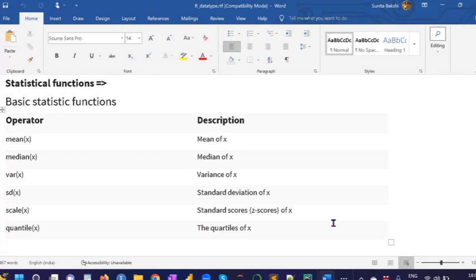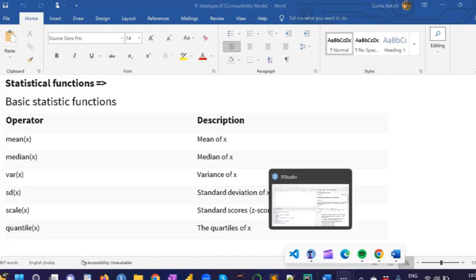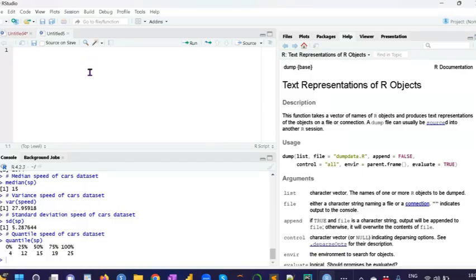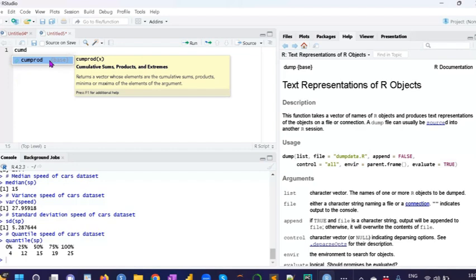So next we move to the practical, where I will tell you about all these functions. First I will tell you the diff function, which is in the general functions. But first we should know about some other functions also, like cumsum.